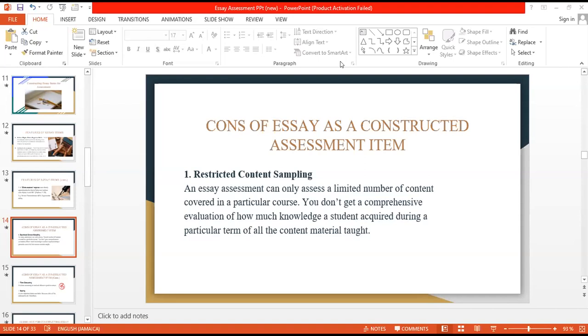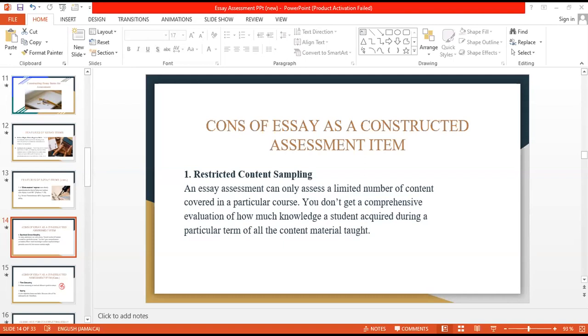It was Shamik, Doc. Shamik's response was also valid in that, yes, most of the time when they talk about restricted content sampling, they're talking about sampling of what is covered for the year or for the semester.